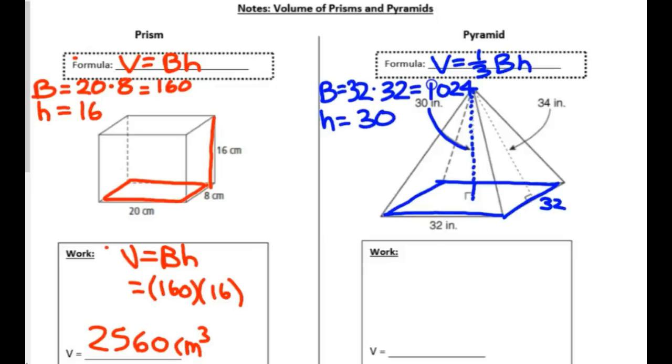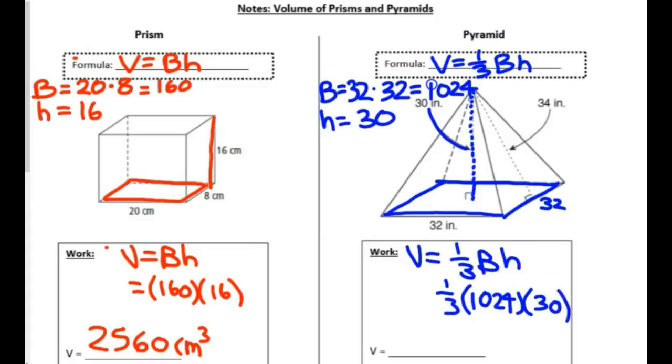Let's write the formula. V equals 1/3 BH. So let's write this down. 1/3 times 1,024 times the height of 30. Okay.